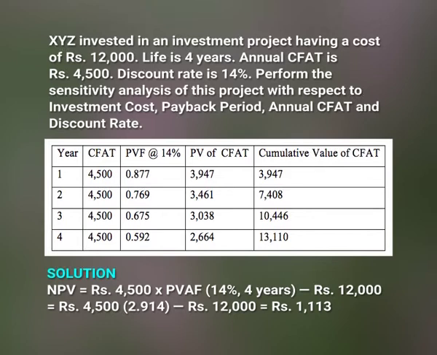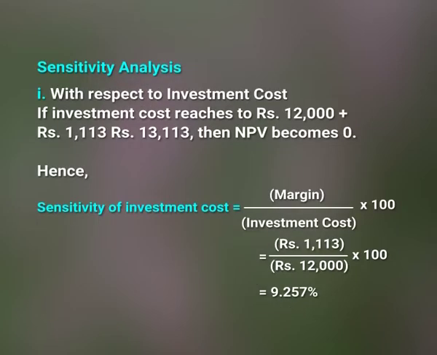NPV is equal to rupees 4,500 multiplied by PVAF at 14% and 4 years minus rupees 12,000, which is equal to rupees 4,500 multiplied by 2.914 minus rupees 12,000, which gives us rupees 1,113. Sensitivity analysis A, with respect to investment cost. If investment cost reaches rupees 12,000 plus rupees 1,113, that is 13,113, then NPV becomes 0.